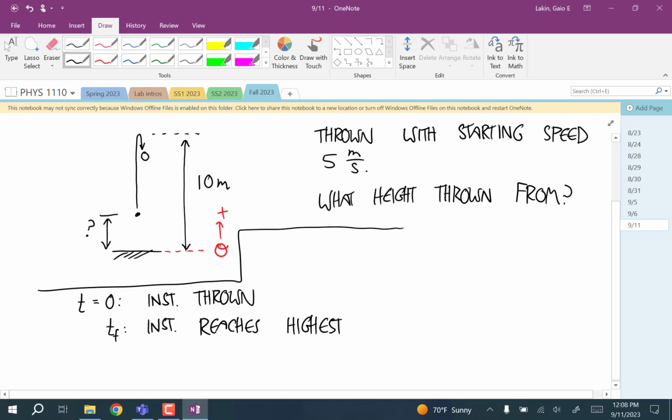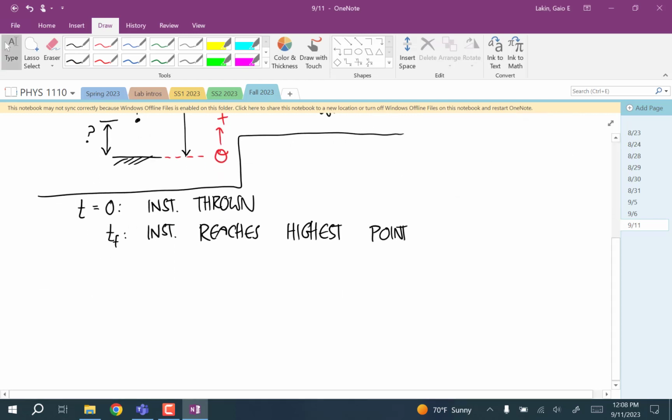Do you remember what that is? Velocity is 0 is what I'm thinking of. So you always know you're going to use the velocity is equal to 0 at that instant. Okay? So be ready for it. Because when you finally get to say it, it's going to feel really good.